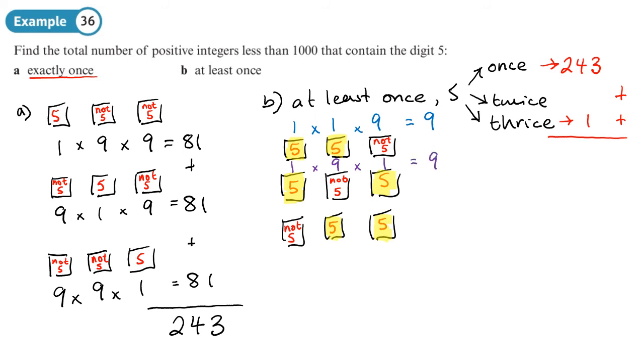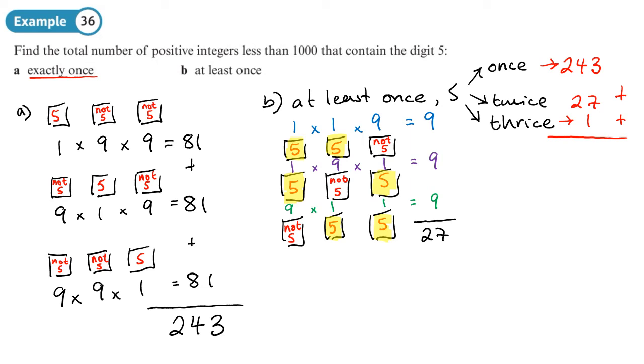Again, you might be seeing the pattern here. With this one, last one down here, we need to consider the fact that it could be a 2-digit number with a 5 here and a 5 here. So that would be 9 ways of doing this, not 8, because we can include 0, 1 and 1, and notice it's 9 again. So what do we have? We have 27 ways where the number occurs twice.